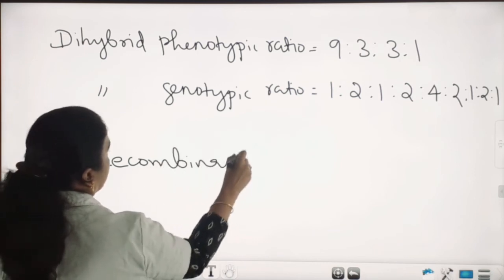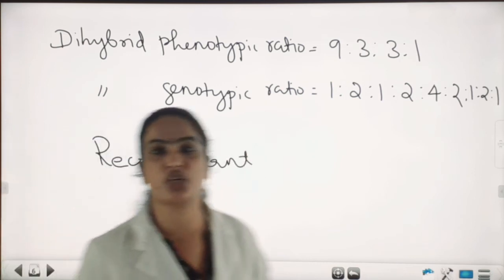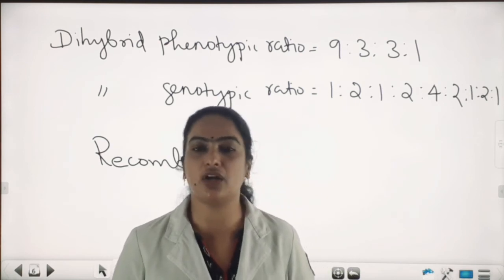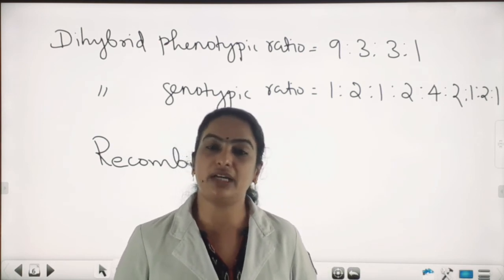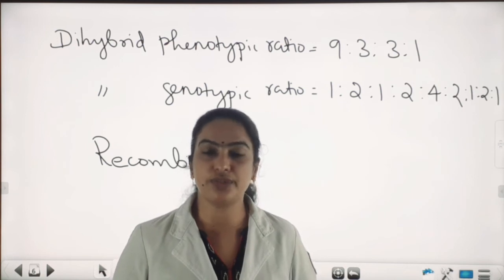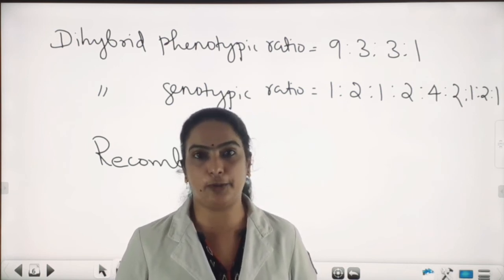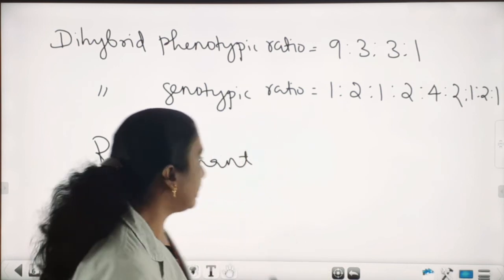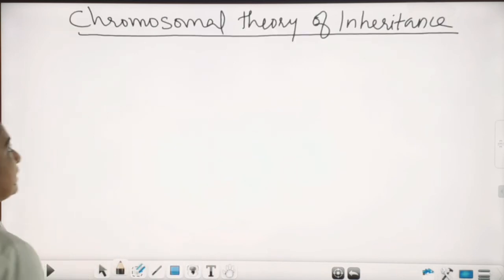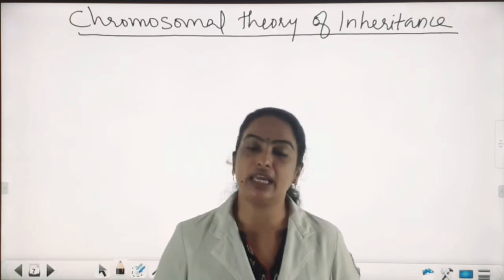Recombinant means a combination of both the parents. Which are the recombinant characters here? Round green and wrinkled yellow. Is it clear? Now we can see the next topic, chromosomal theory of inheritance.